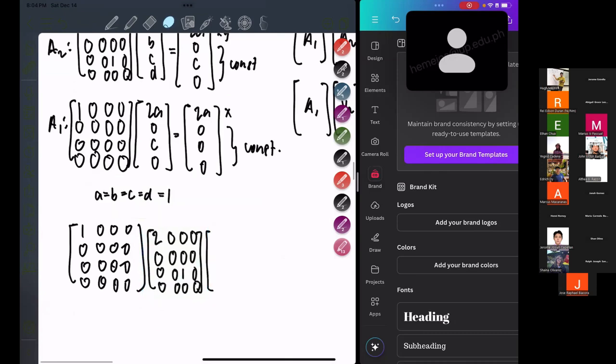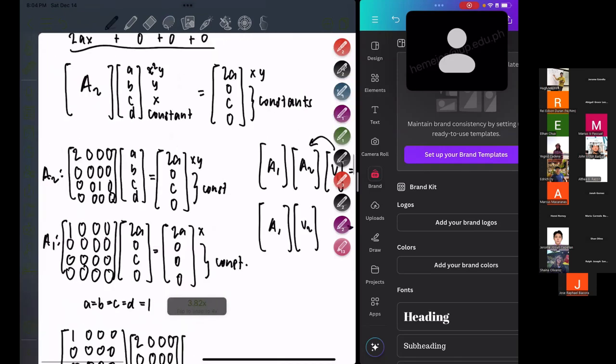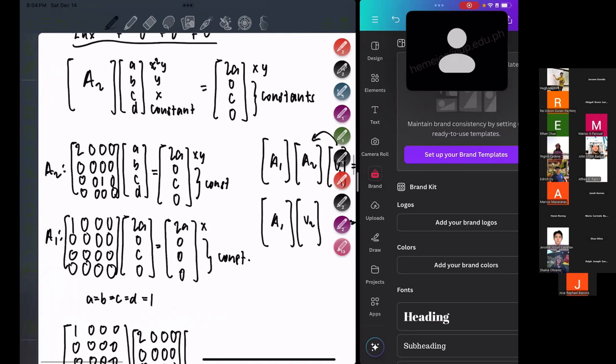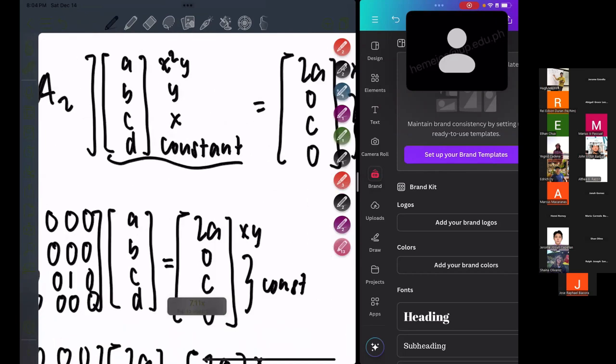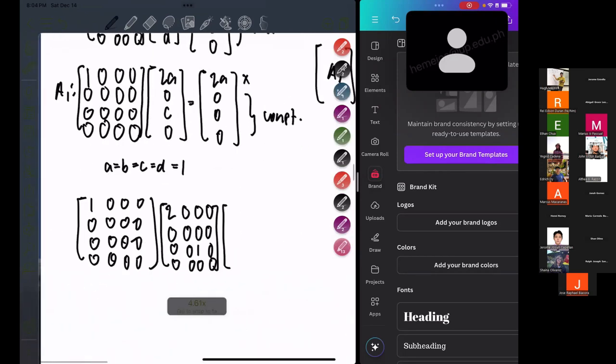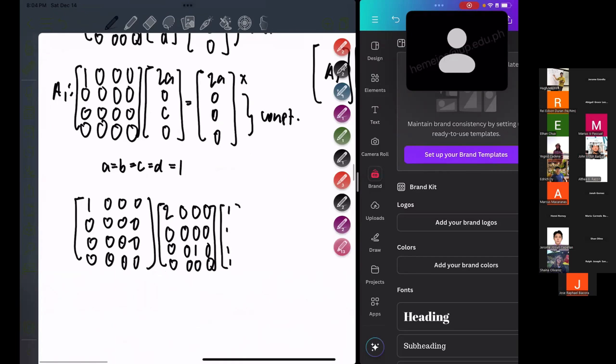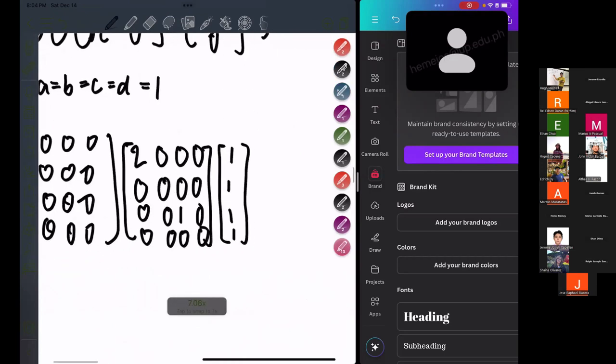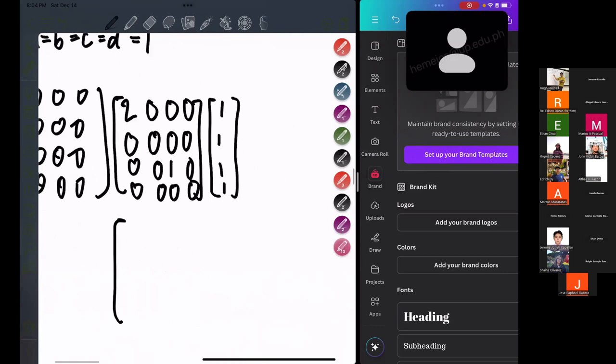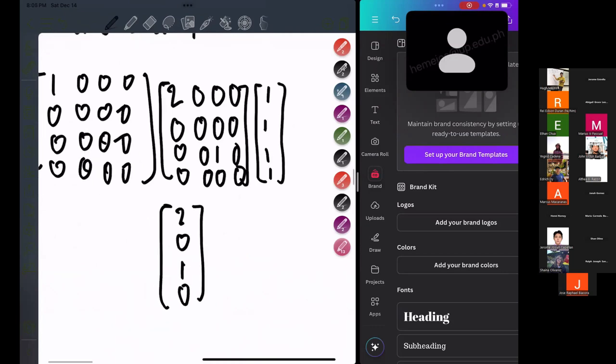Okay, there. And then, so basically, based on how we define the dimensions ng matrix, same thing lang. So that's 1, 1, 1, 1. So let's first just multiply this. So this becomes 2, 0, 1, 0.